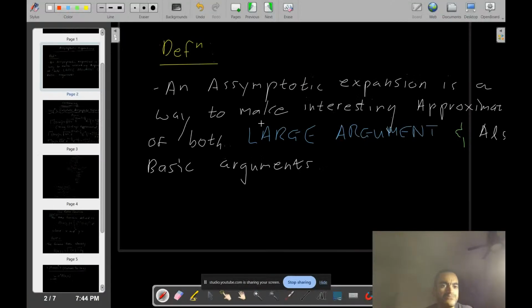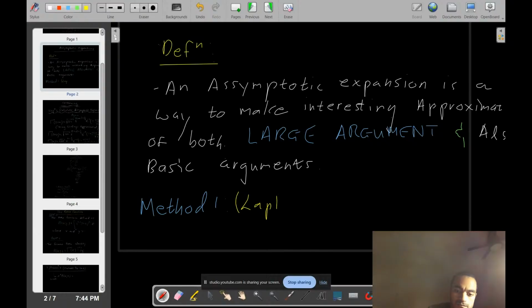Okay, so method 1. I'm going to highlight this in blue. Method 1 is Laplace's method.